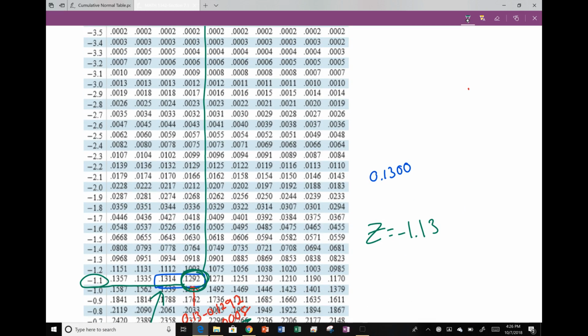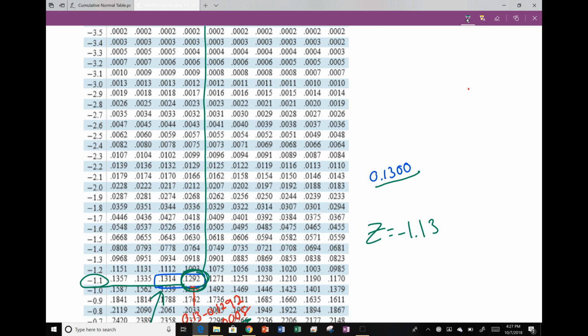So it's going to be negative 1.13 is the z that corresponds to a probability of 0.13. Now, it is very coincidental that these are 0.13 and 0.13. That does not happen very much of the time. So be careful. Don't assume that just because this is 0.13, this one's going to be 0.13. You have to look up the probability in the center of the table.